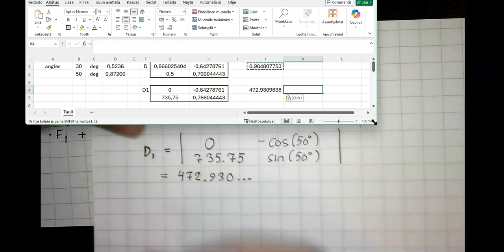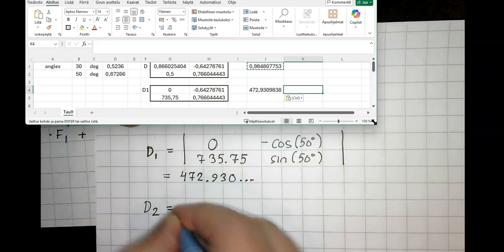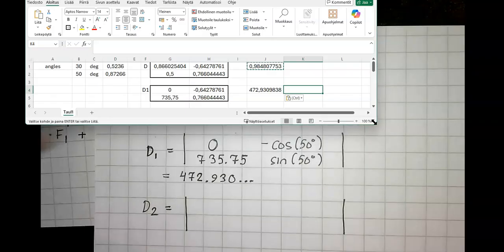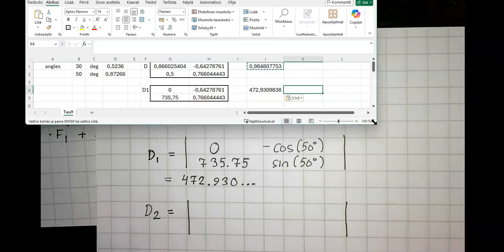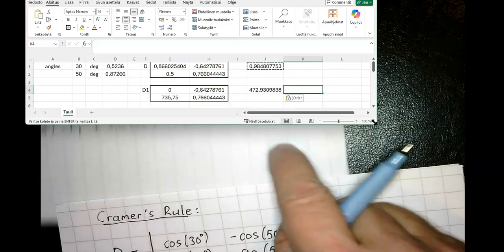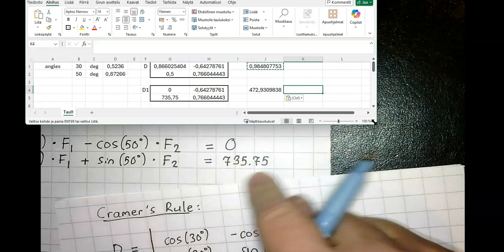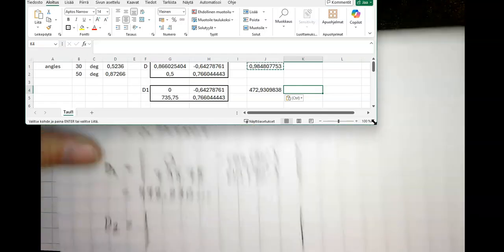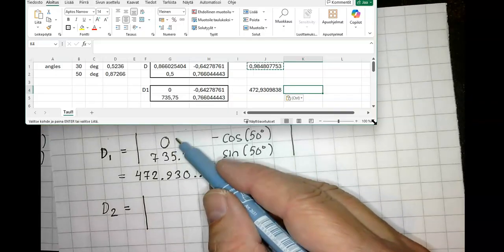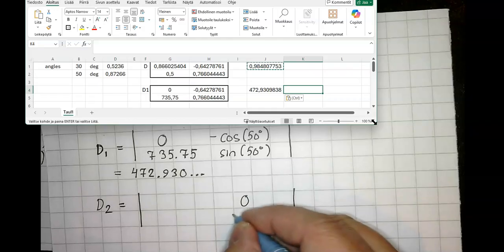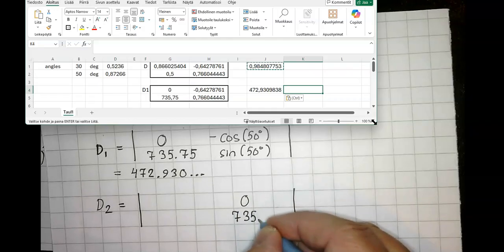And then the second determinant, which we use when we solve the second unknown, and in this case we copy these values from this pair of equations in the right hand side. I copy these values to the second column. Here I use those values in the first column, but here I take the second column.